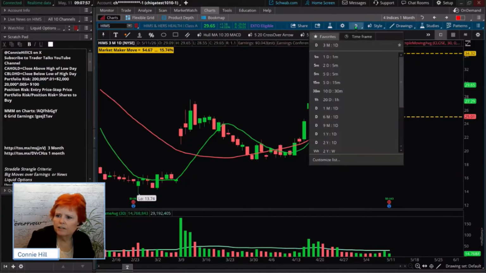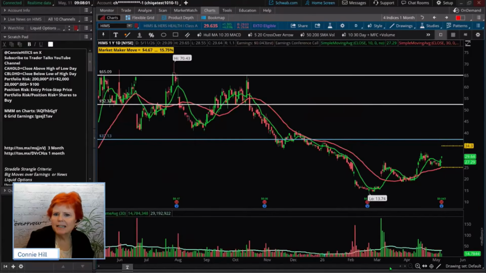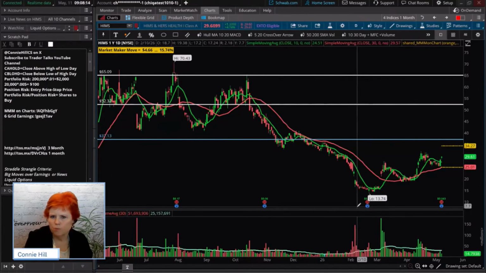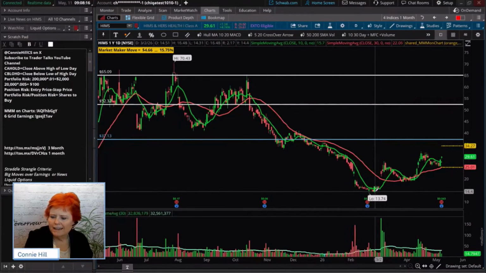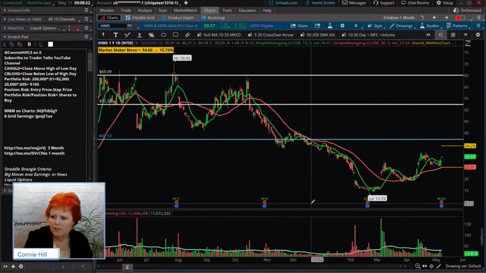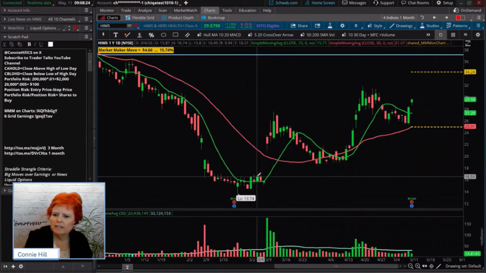Let's go back a full year. Looks like maybe a year ago, about $65, and they had a hard time getting above that resistance area, and then a pretty decent pullback. Looks like they've pulled back all the way to $13 and change, which is a pretty steep drop during that period of time.